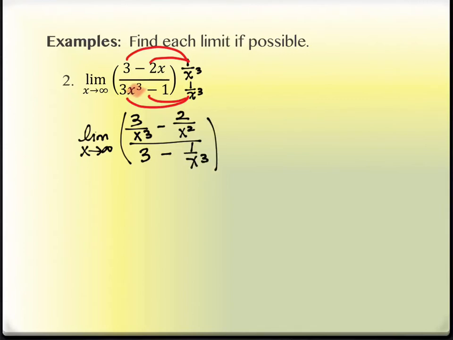Okay, so that's horribly messy, and it looks atrocious, but it's exactly what we want. Because every piece that says constant over x to a power now has a limit of 0. Lots of zeros. This one is 0, this one is 0, and this one is 0. So what I end up having, truly, is 0 over 3. What's 0 over 3? 0.